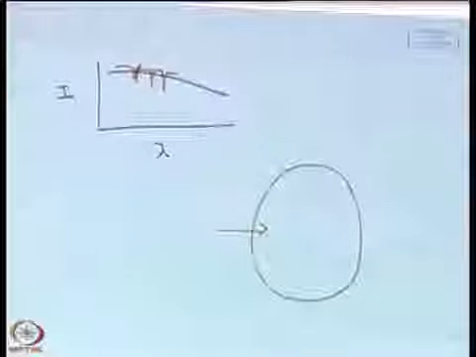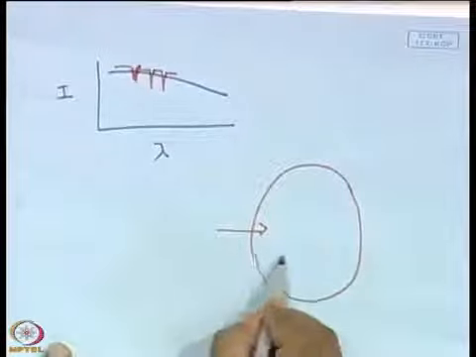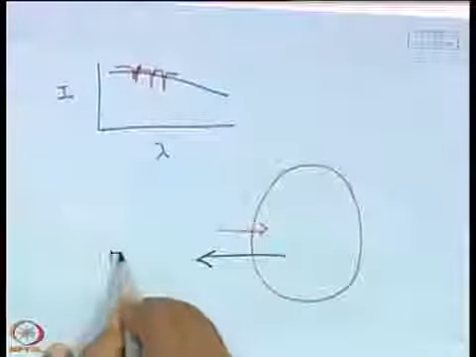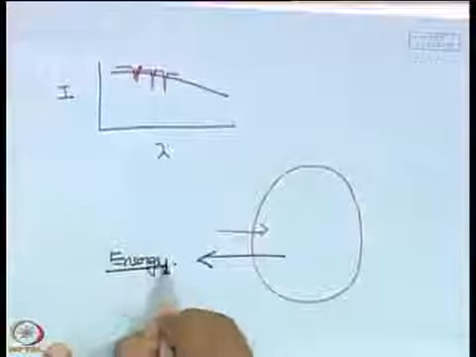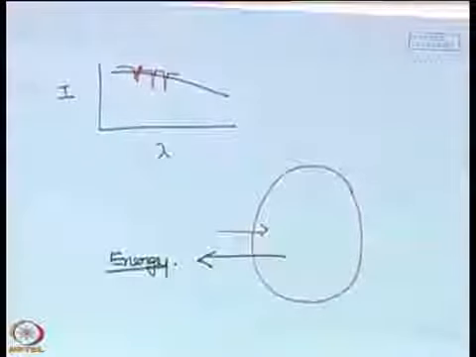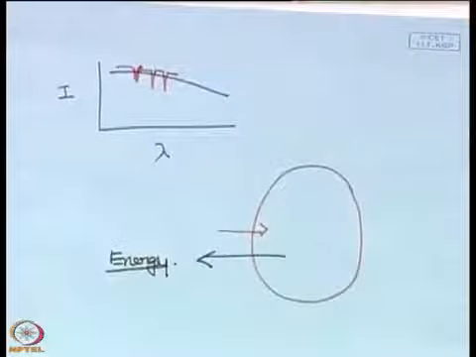Now, we know that energy flows out from the sun, that is a well known fact. So, we know that energy flows out, radiation flows out, and we also know the laws of thermodynamics, that heat flows from hotter to cooler regions.